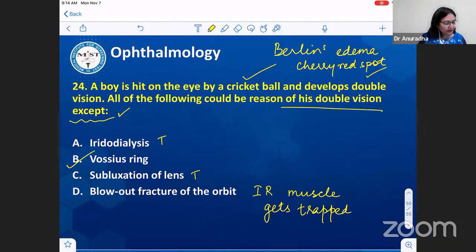So that is not a very relevant clinical finding. They're not going to ask that. Iridodialysis usually develops when there is very severe trauma, but there is nothing like what is most common. Berlin's edema or the cherry red spot due to blunt trauma on the retina can also occur.